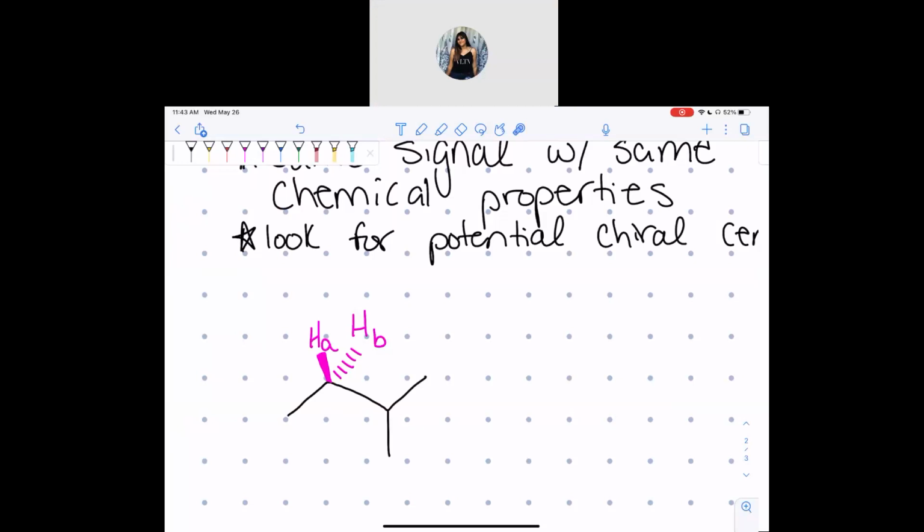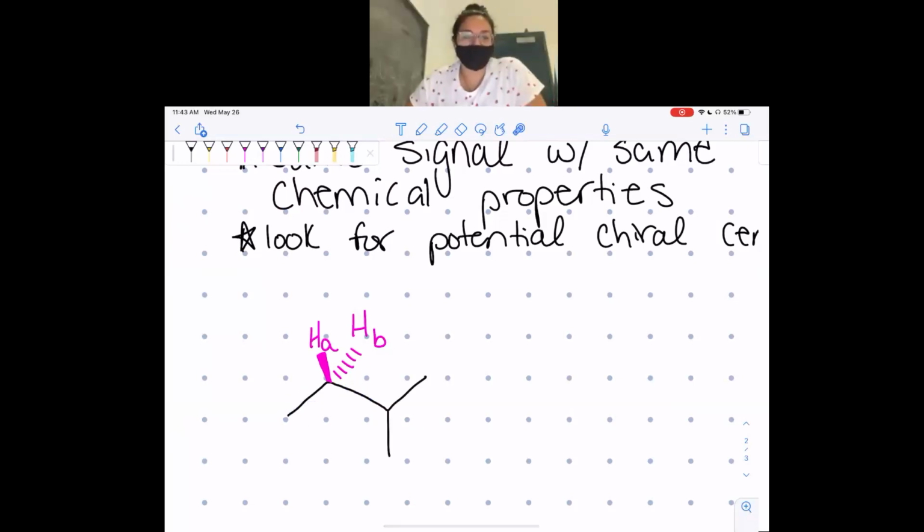No. Awesome, because it can freely rotate, and since they're both hydrogens, we don't have any chirality to worry about. So can someone remind me what something needs to have in order to be chiral? Four different groups. Exactly.